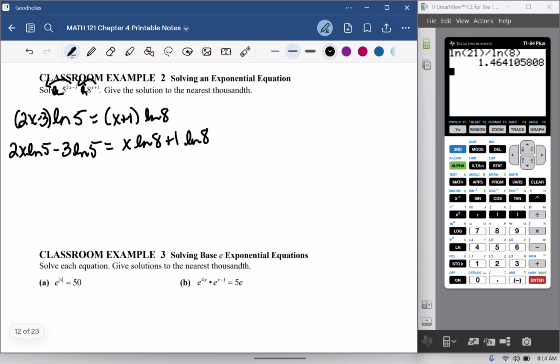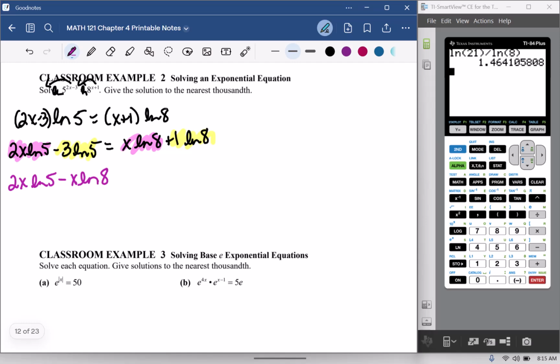And then I'm going to get all my x's on the same side. So the x terms are going to come to the left, and then these two are going to go to the right. Now, I always say that when you cross the line, you change the sign. So I have 2x ln of 5, and then minus, because when this term crosses that line, it's going to change that sign.